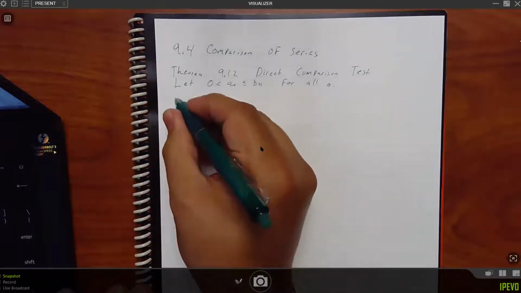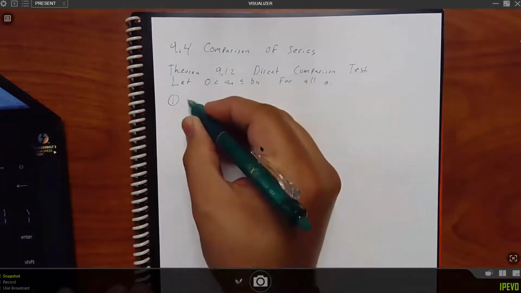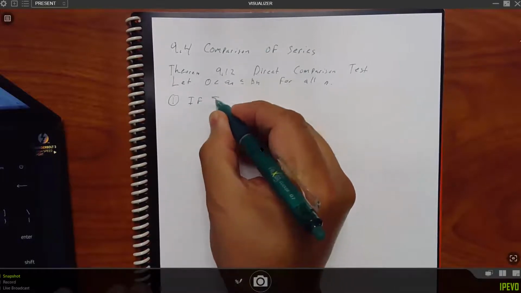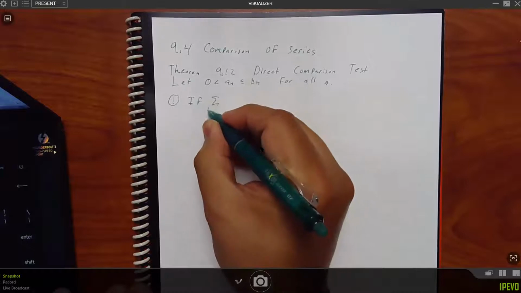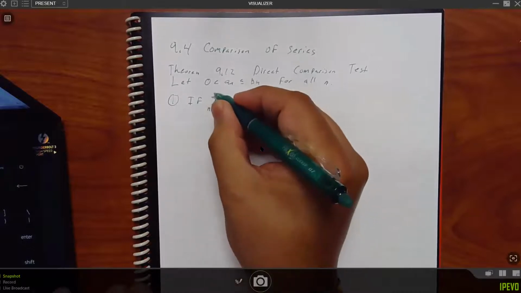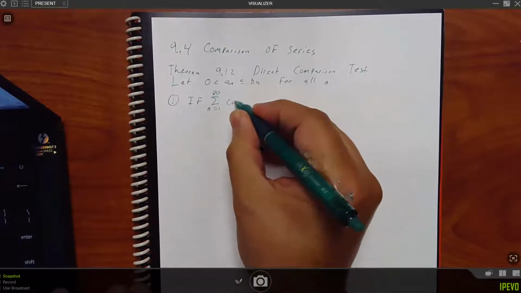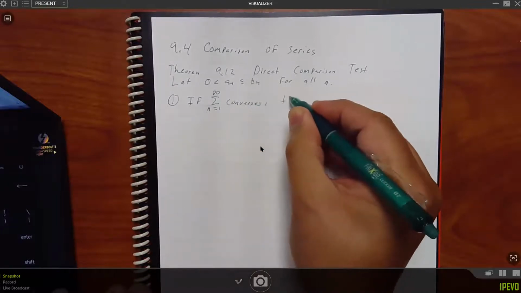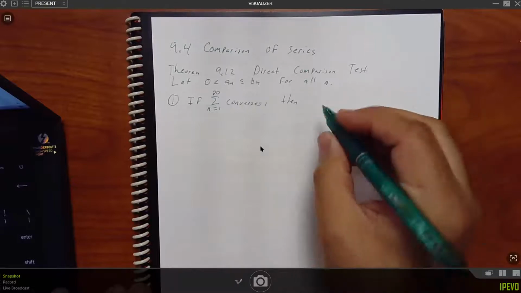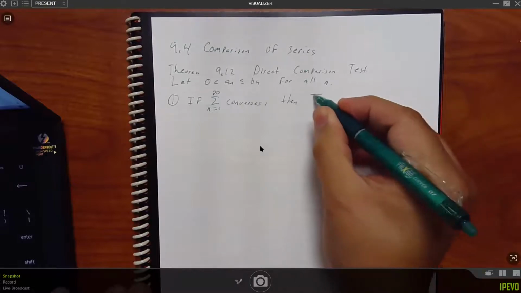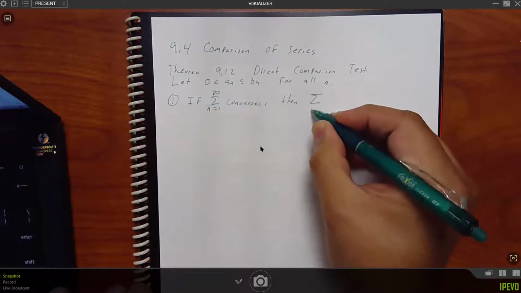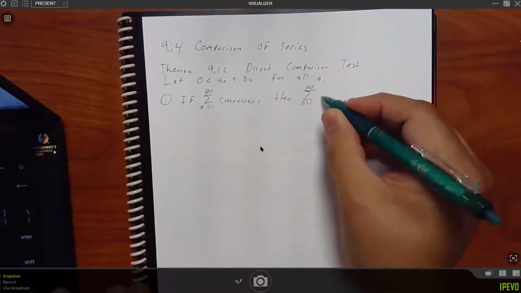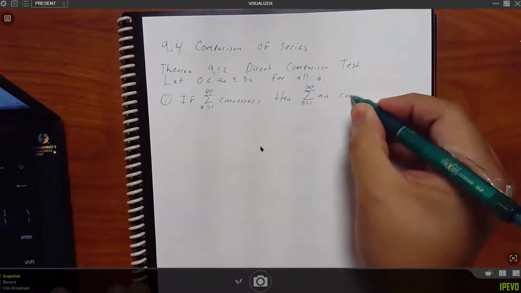So if that is true, then the following is true. If the series from n equals 1 to infinity of b_n converges, then the series from n equals 1 to infinity of a_n also converges.